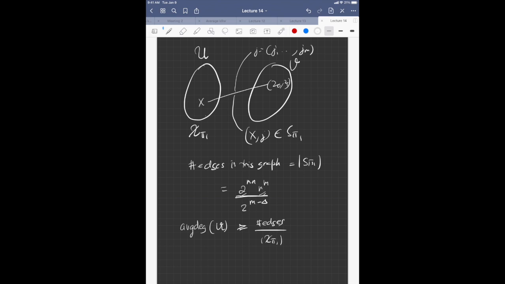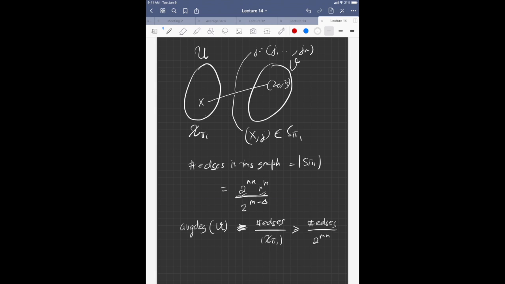So I don't know what is x pi 1, but I know that it's no more than 2 to the nm. So this is exactly equal, but since x pi 1 is at most 2 to the nm, and I'm dividing with a larger value, I get that this is at least number of edges divided by 2 to the mn.